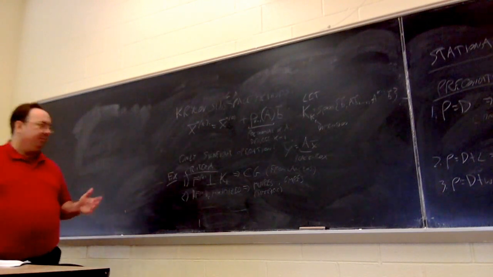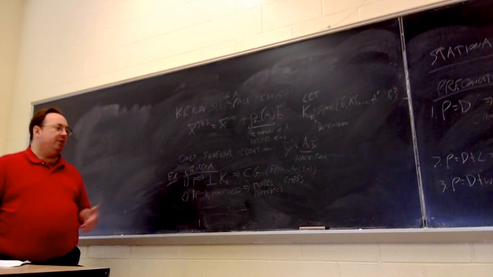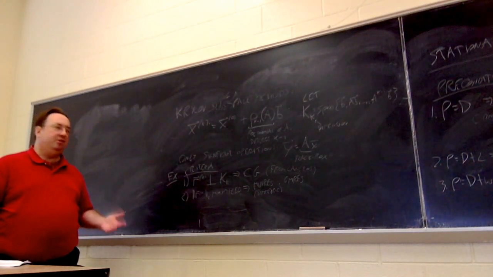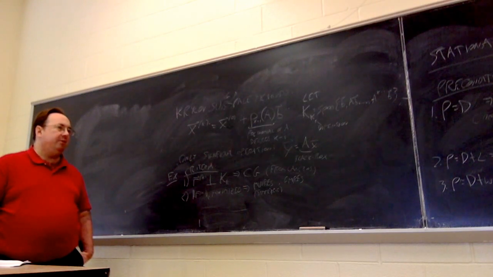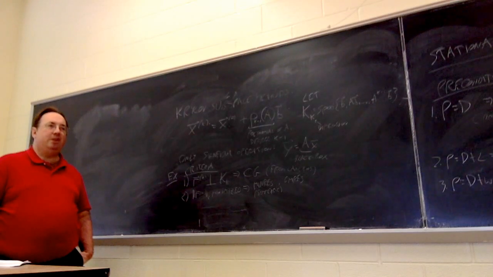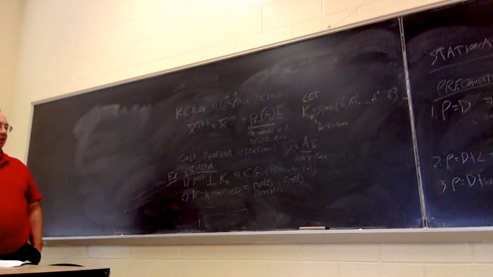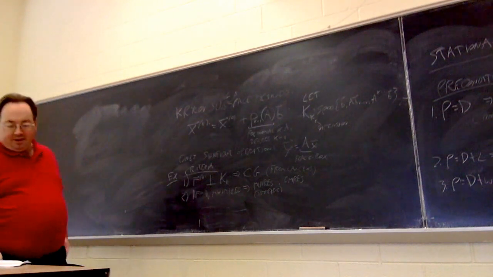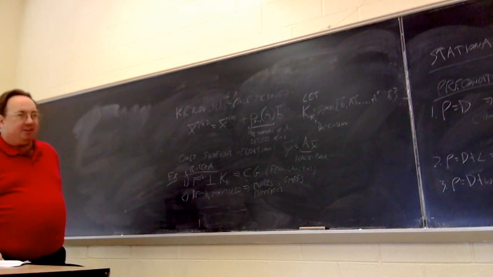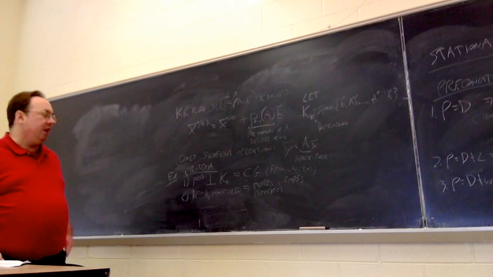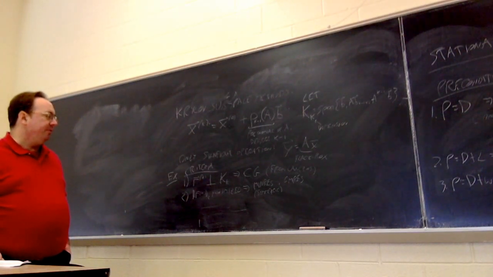MINRES is minimum residual. GMRES is generalized minimum residual. So GMRES is probably the most often used iterative method for general systems where you don't have any particular nice properties of A. It's maybe not the fastest method, but it's certainly quite reliable.